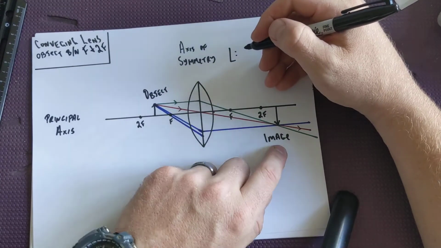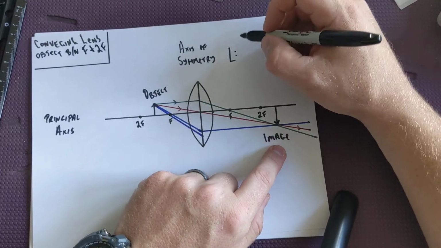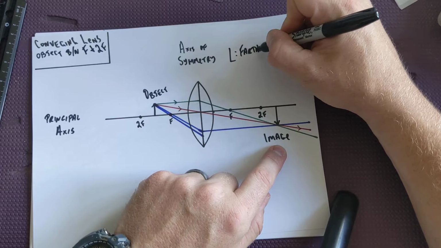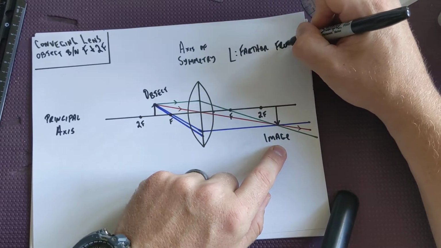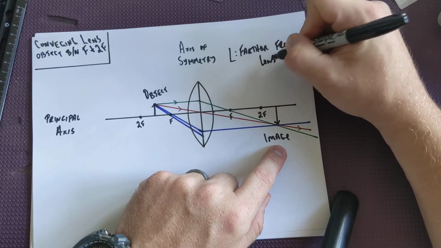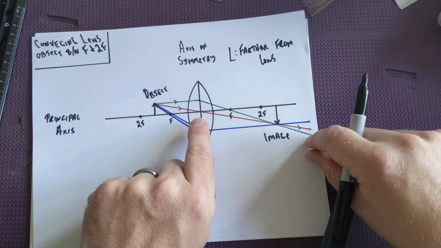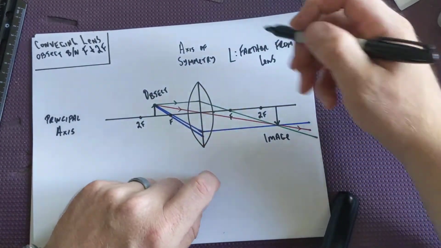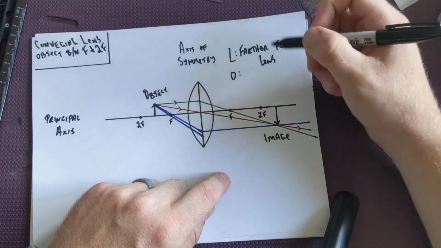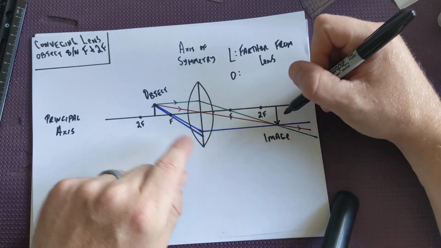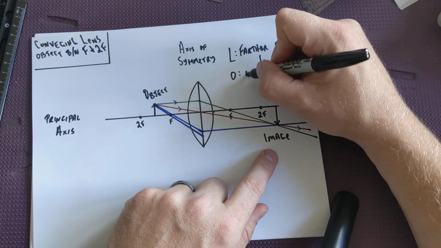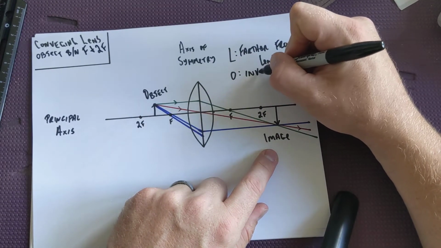So for the image, the location of the image is going to be farther from the lens. The distance from here to here is farther than from here to here. The orientation: the object is pointing upwards, the image is pointing downwards, so the orientation is inverted.